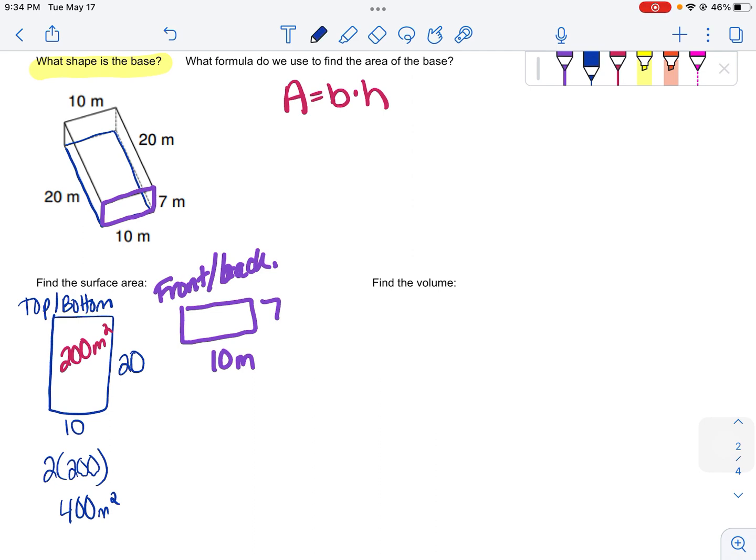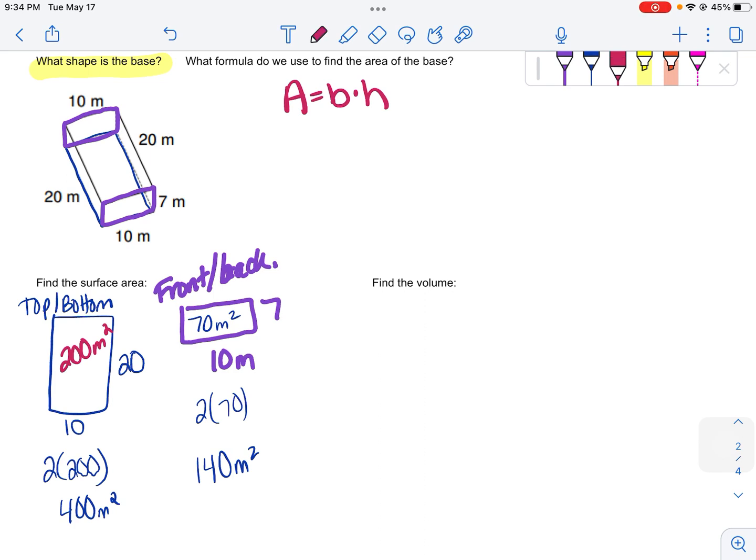So 10 times 7 is 70 square meters. And then we have a front and a back side that have those same dimensions. So if we take 2 times 70, we get a total of 140 square meters for those 2 pieces.